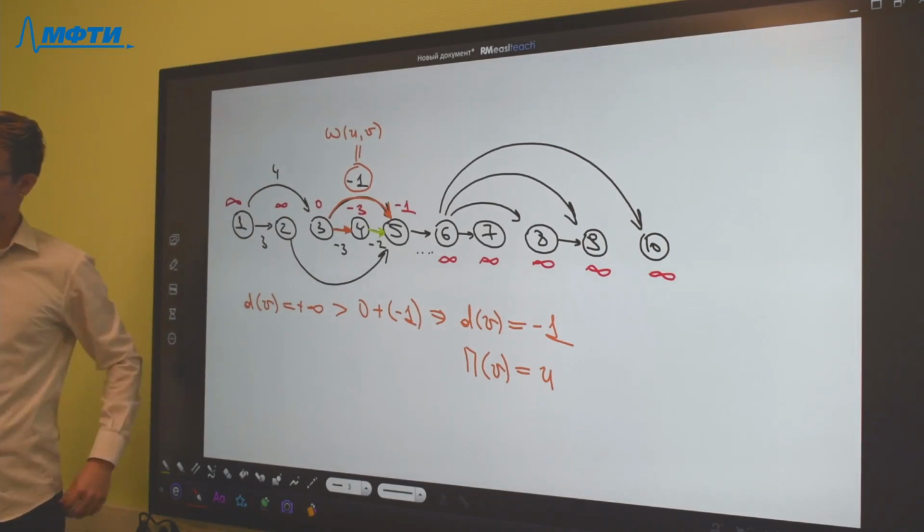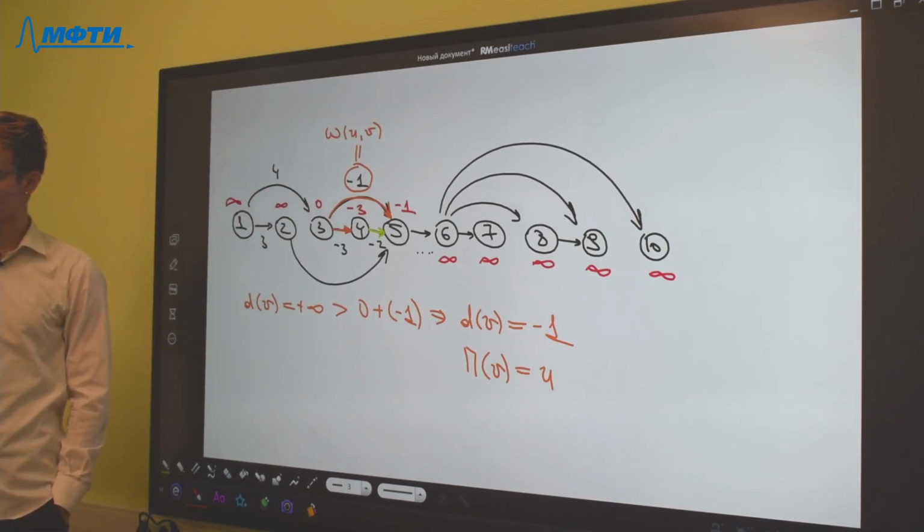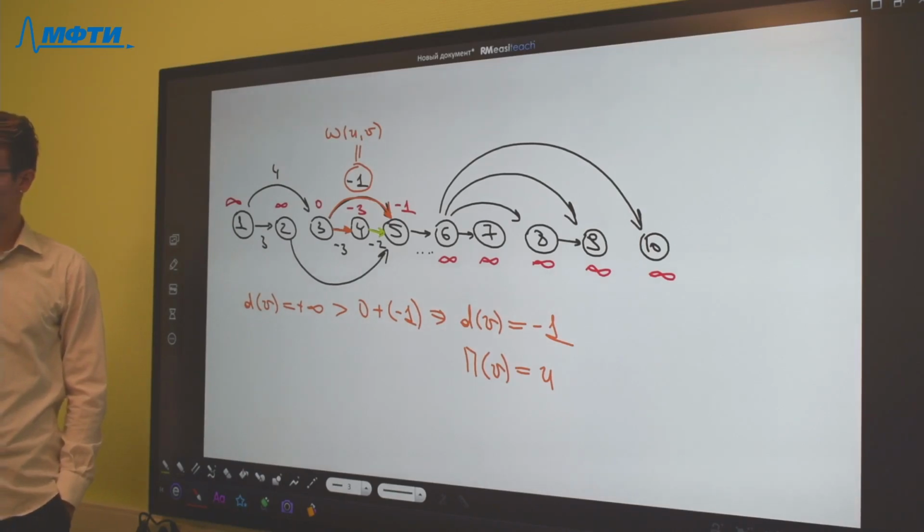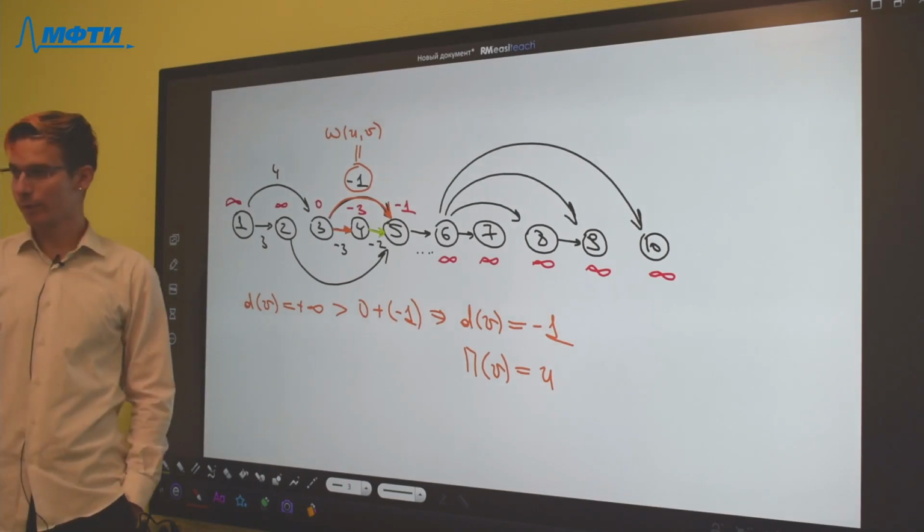But if for any reason we pass again from 3 to 4, and we have a condition checking if it is relaxed or not, every time we pass from 3 to 4, do we relax it again or no? We relax this edge only one time.